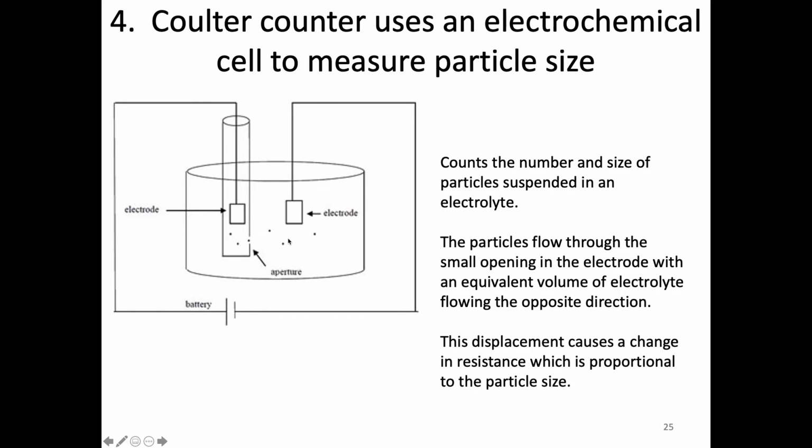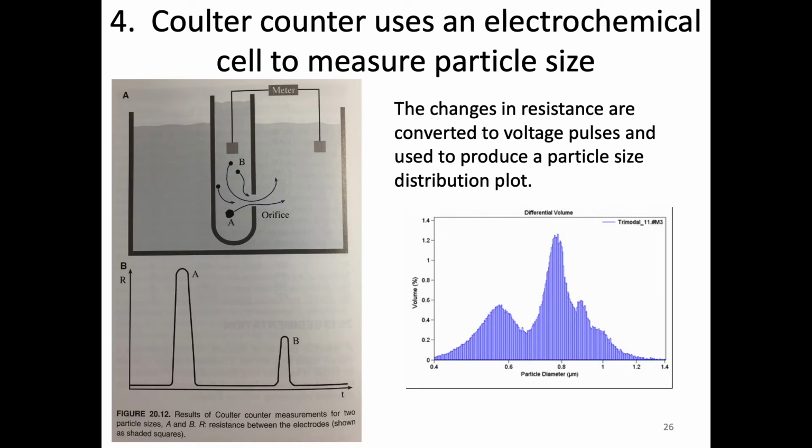We measure that change in resistance, equate that to the volume, and that can tell us the particle size, because that displacement is proportional to the change in resistance, which is proportional to the change in particle size. And that's how we get this. What that might actually look like: we have this aperture opening, a particle goes through, and we have that change in resistance.